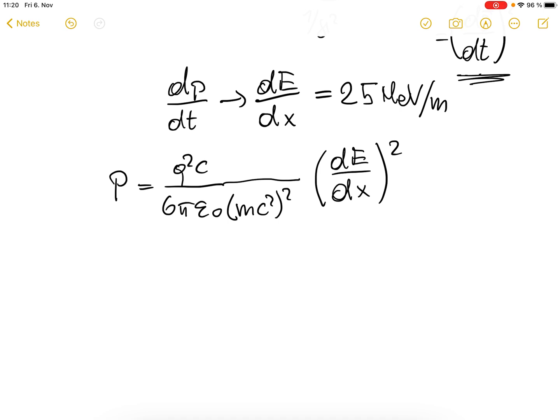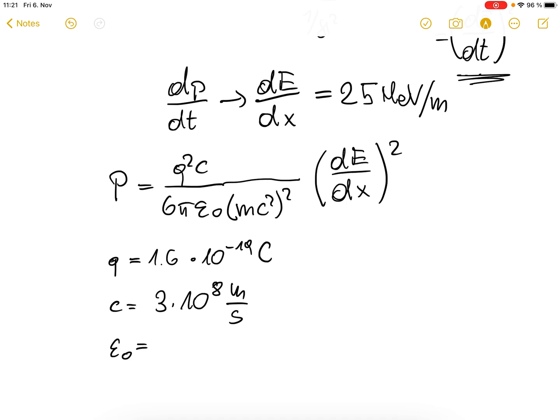Now we can put in some numbers. We can take the electric charge as 1.6 times 10 to the minus 19 Coulomb. We can take the speed of light, 3 times 10 to the 8 meter per second. We can take epsilon 0 as 8.854 times 10 to the minus 12 Coulomb per volt meter.